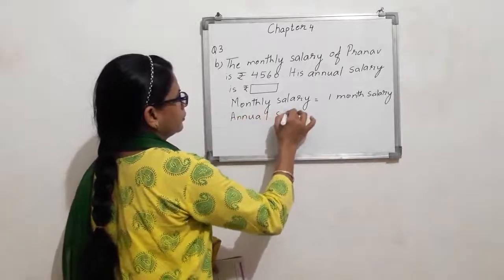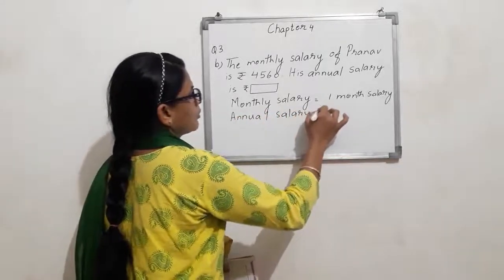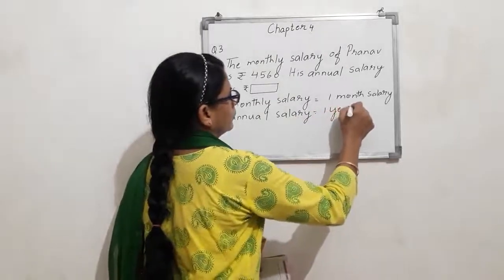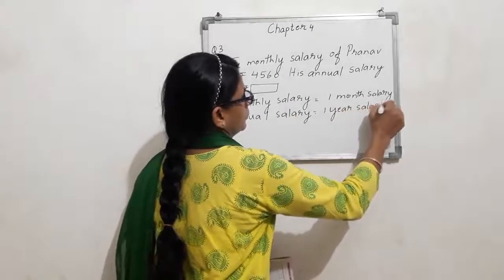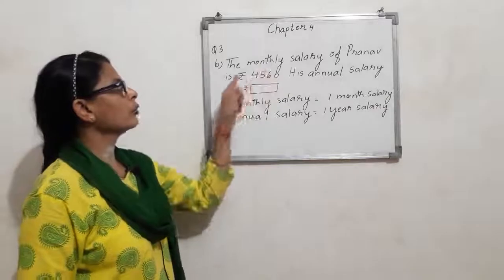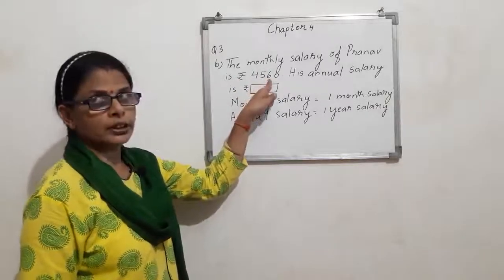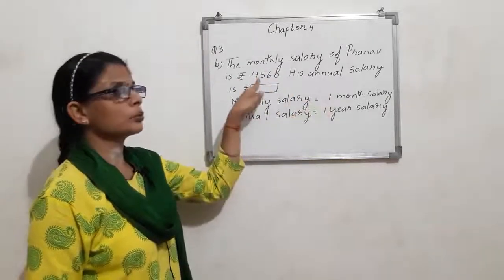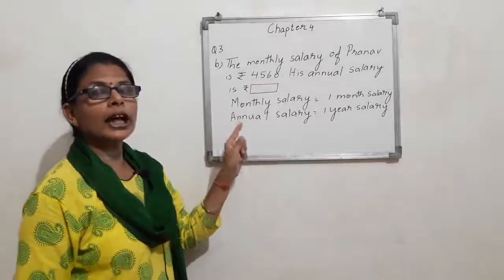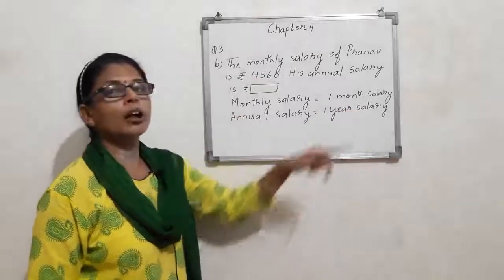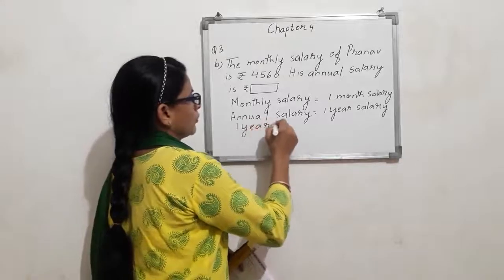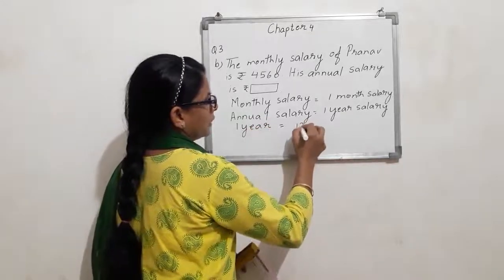Annual salary means 1 year salary. So he is asking the monthly salary of Pranav is rupees 4,560. Means 1 month salary is rupees 4,560. What will his annual salary? In 1 year, how many months are there? 1 year is equal to 12 months.